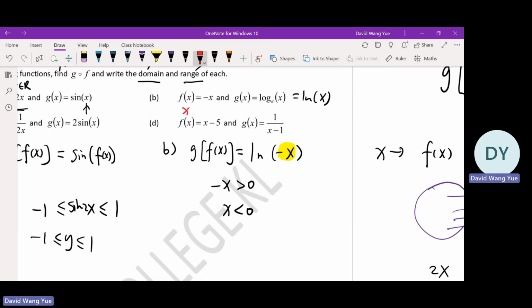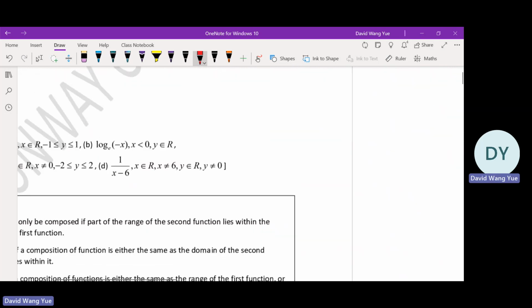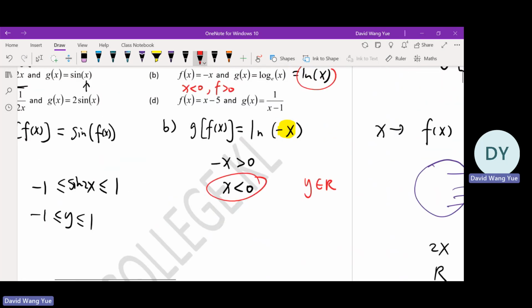So x must be less than 0, so that f, which is negative x, is more than 0. So this is the domain. And when it comes to the range, the ln function can take any real number. So x is less than 0, y is any real number.